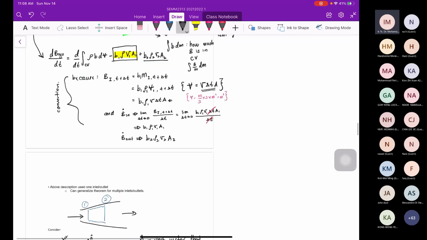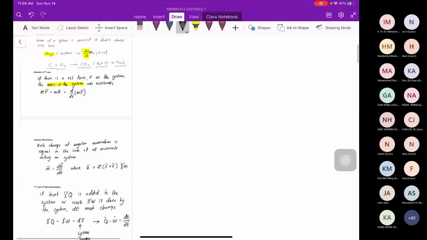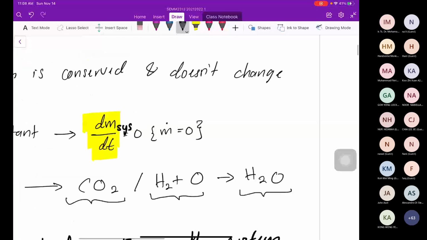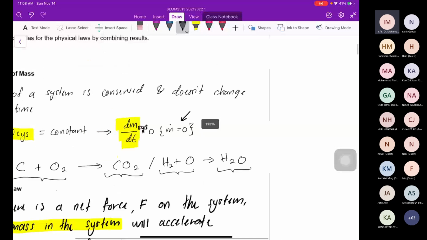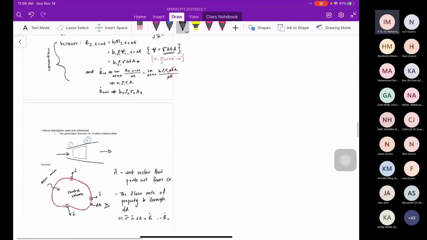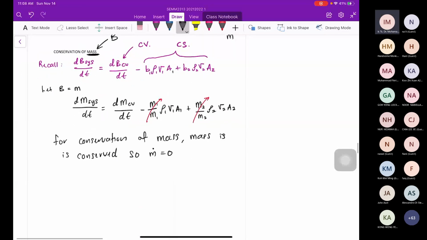The one that I have explained before, this one: M dot, the mass flow rate, equals 0. This is considered mass is conserved. So this is for the system. So where is the mass for the system? This one. We can cancel it out, equal to 0.